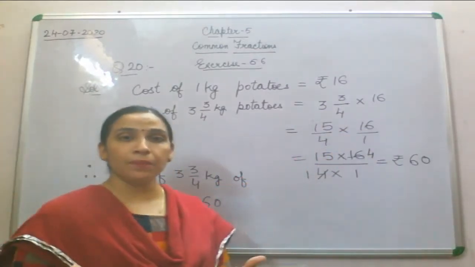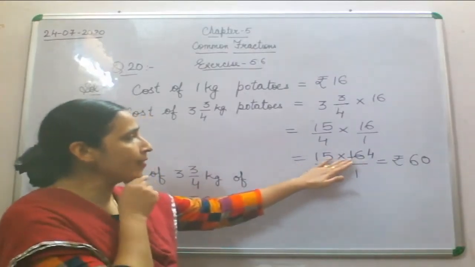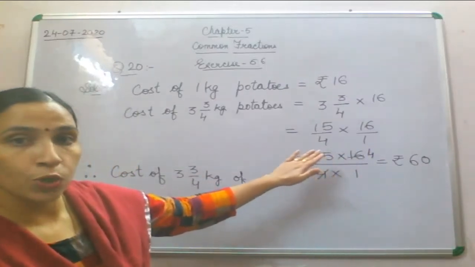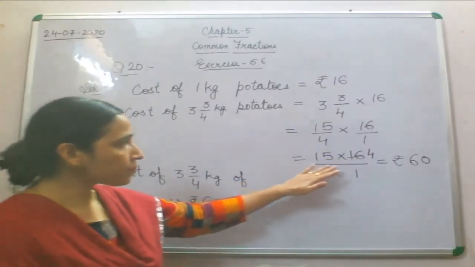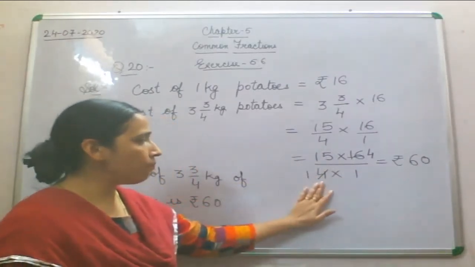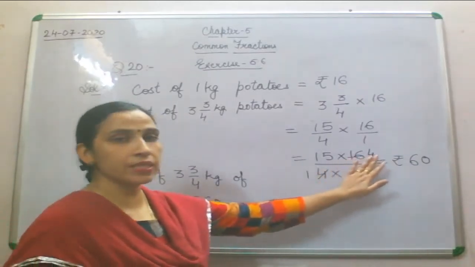Now next step, numerator will be multiplied by the numerator and denominator by the denominator. So what will we do now? With the table of 4 we can cancel, 4 ones are 4, 4 fours are 16.